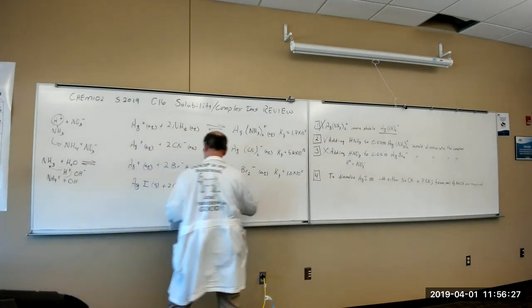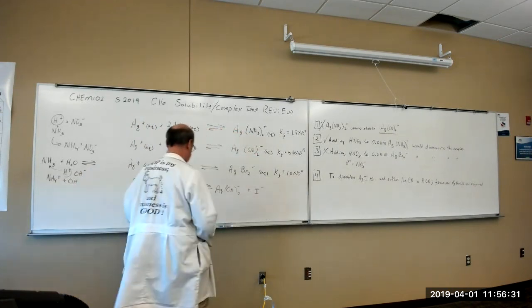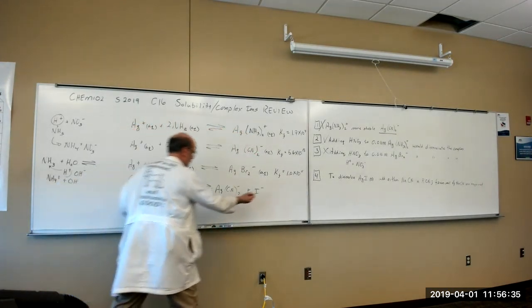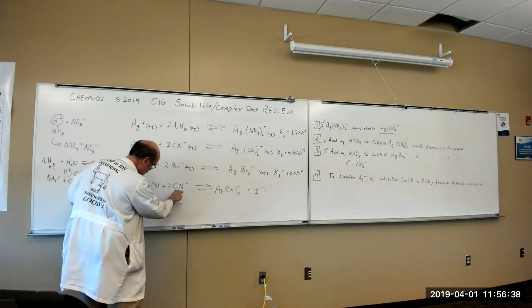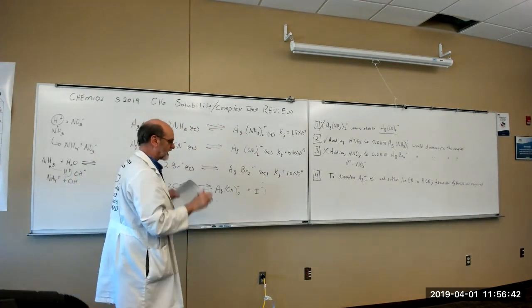And then we'll have the iodine here, like that. Okay, so that's the reaction we're talking about. And we're just concerned with whether the form of cyanide makes a difference.